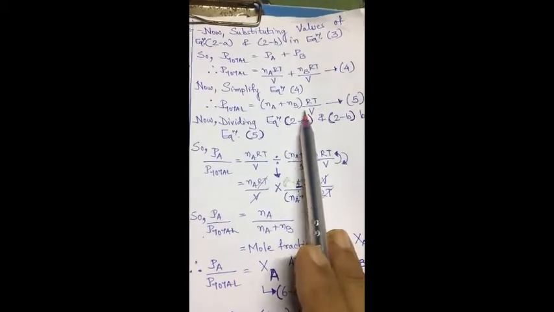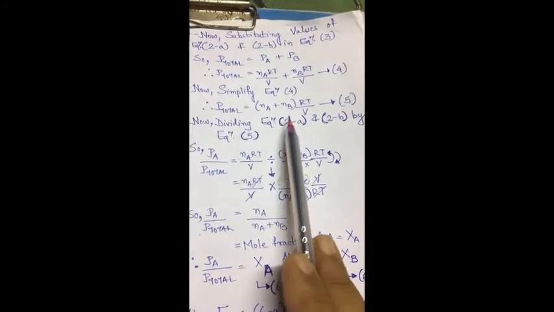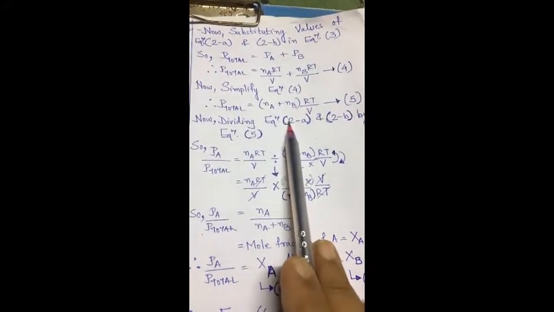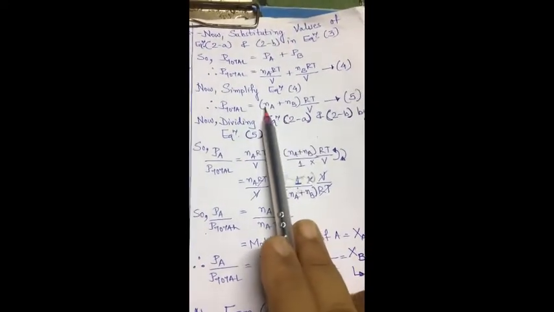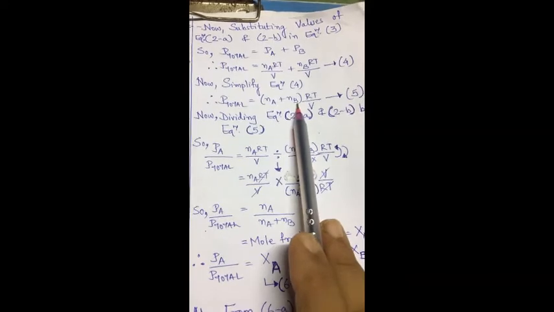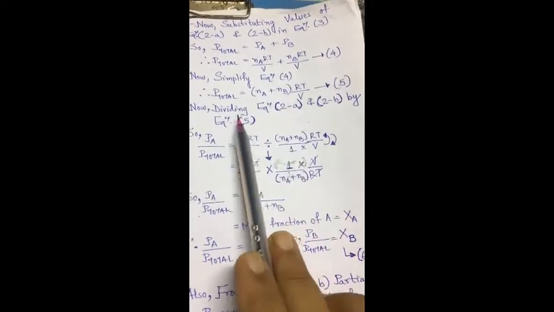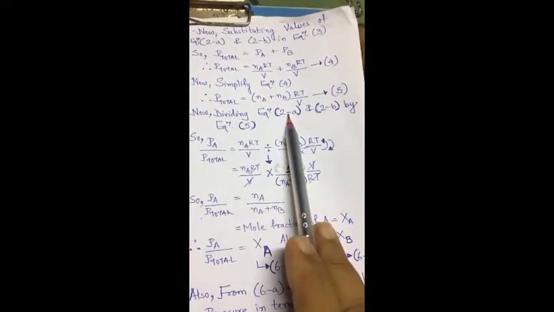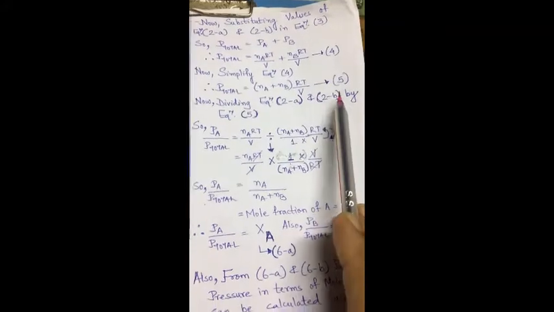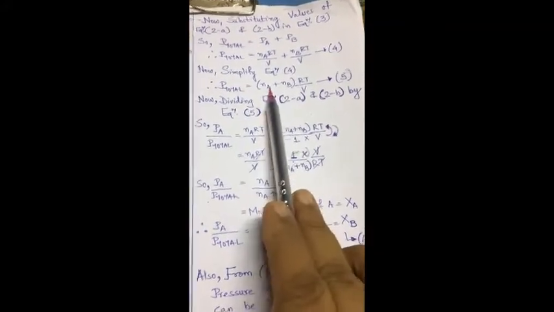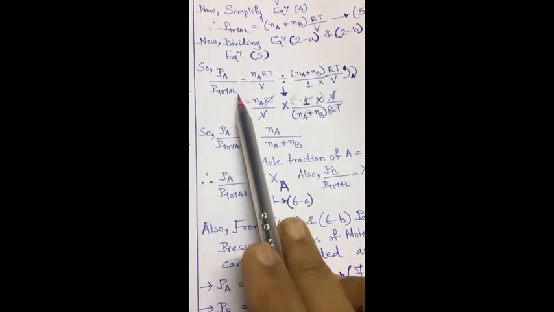Now from equation 2, because we want it in mole fraction, we want the pressure of a particular gas by the total pressure of both gases. So this is total nA plus nB, and we want only nA as well as nB. So dividing equation 2A and 2B, the partial pressure A and partial pressure B, by this total, what will we get? See here, PA upon P total.